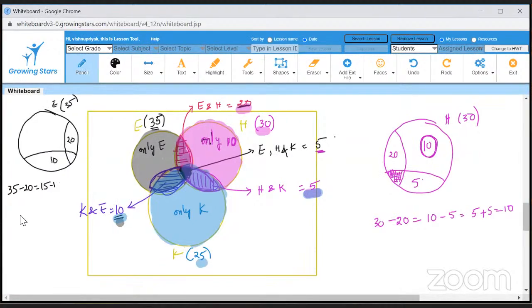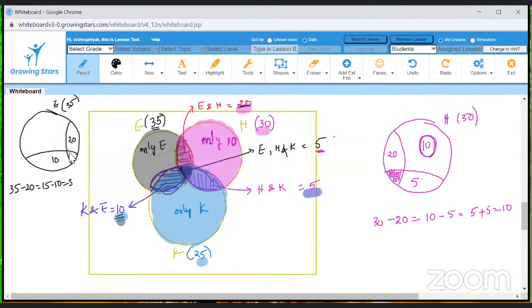So now I have 5. But this triangle I have removed twice. Only one time I have to remove the triangle, because in this triangle people speak English, Hindi, Kannada, all the 3. So I will add 1 time. This triangle is 5. 5 people speak all the 3.